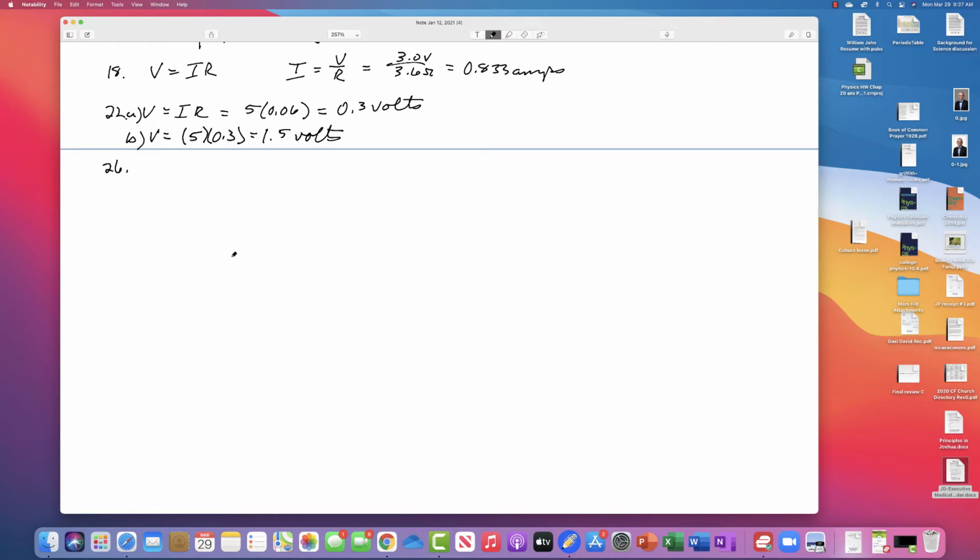Now, there's a section where they talk about this, where the resistance is equal to a factor known as the resistivity times the length divided by the cross-sectional area.